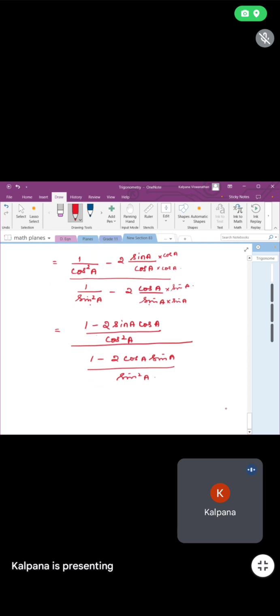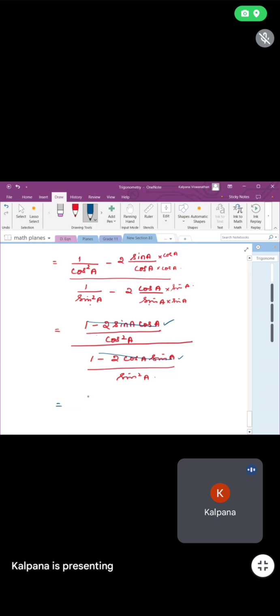Next step, what happens to the numerator? Look at the numerator. Are they the same? 1 minus 2 sin A cos A, 1 minus 2 cos A sin A. Both are the same? Yes, ma'am, they are both the same. So can we cancel it? We can cancel both the numerators, or you can write in terms of product and do it.